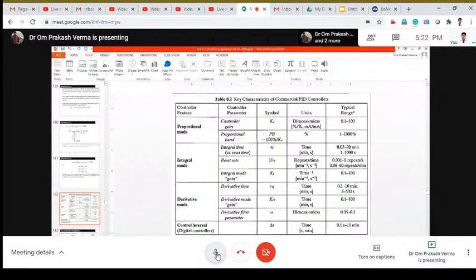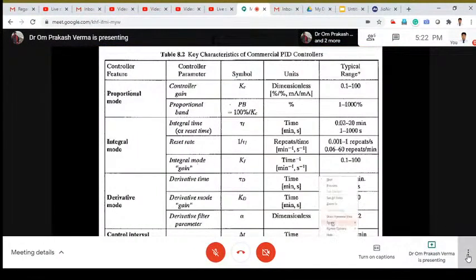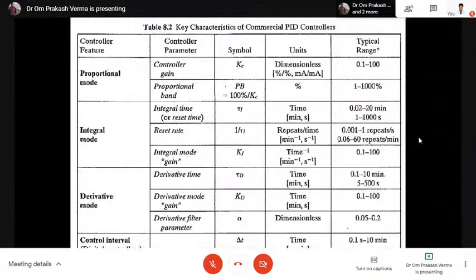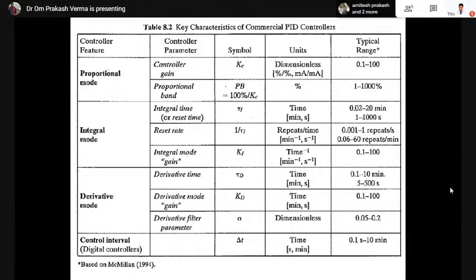Okay, now we are discussing the typical range, basically. I was saying that it is not advisable to take any value during the simulation of the PID controller, right? So if the value is fixed, during the simulation you try to tune the value of Kc from 0.1 to 100.